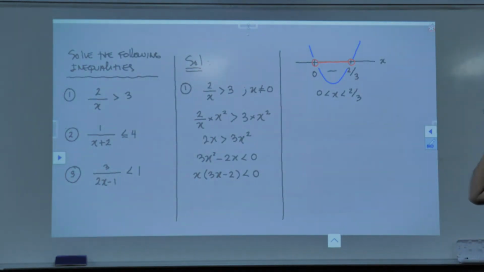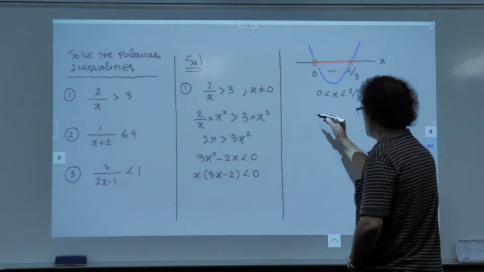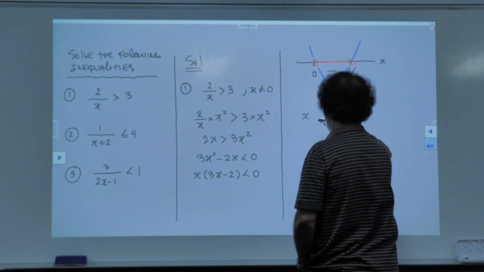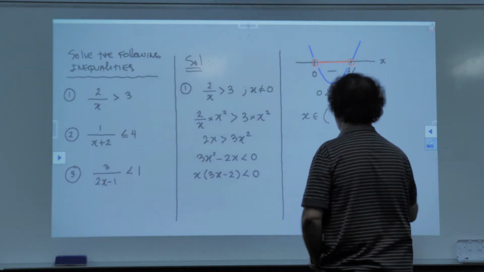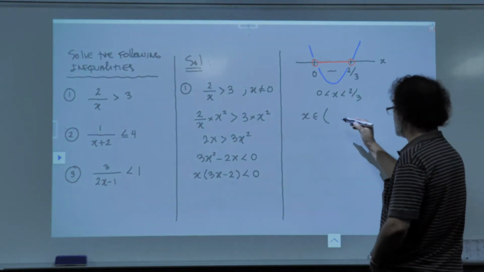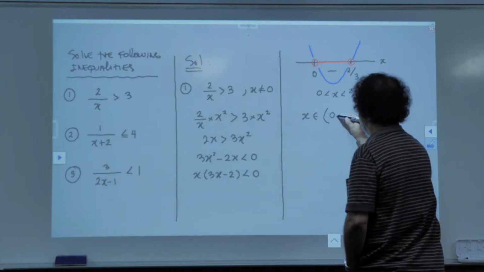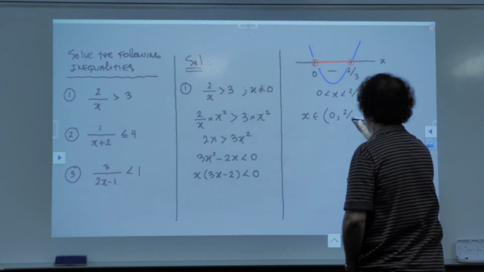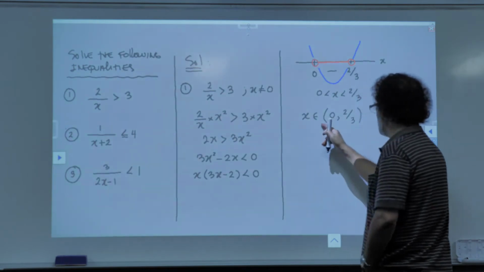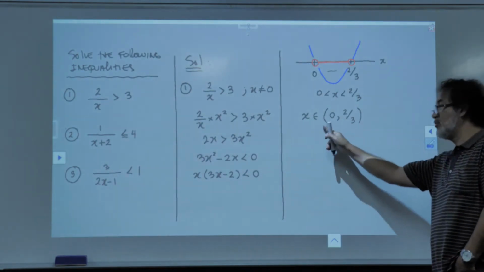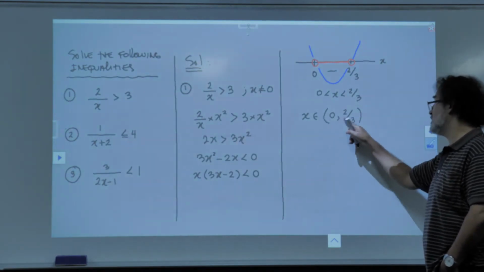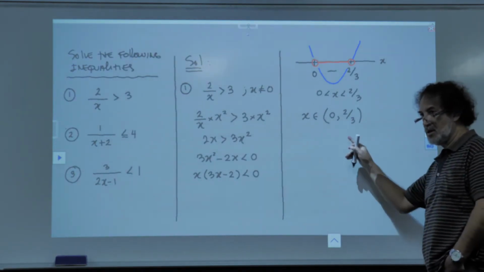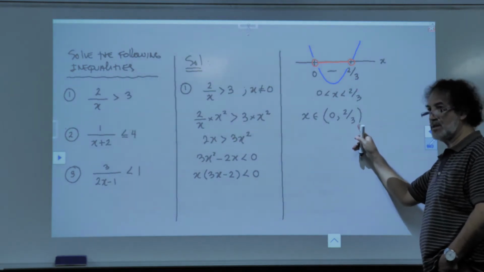Using the bracket notation, the solution set is this interval. We call this an open interval, because we cannot include 0 and we cannot include two-thirds.